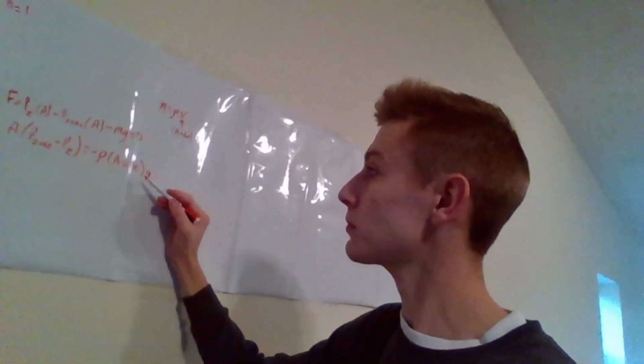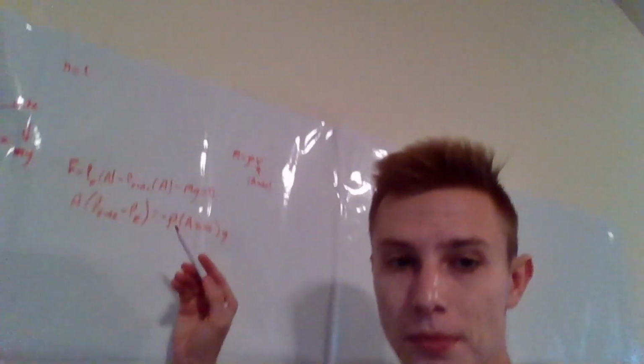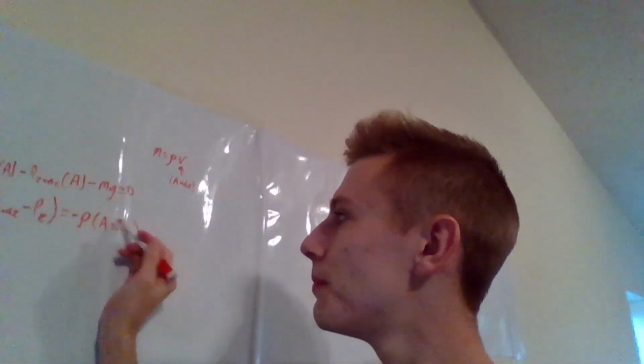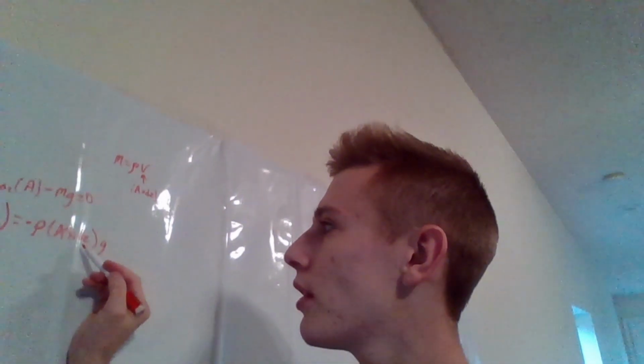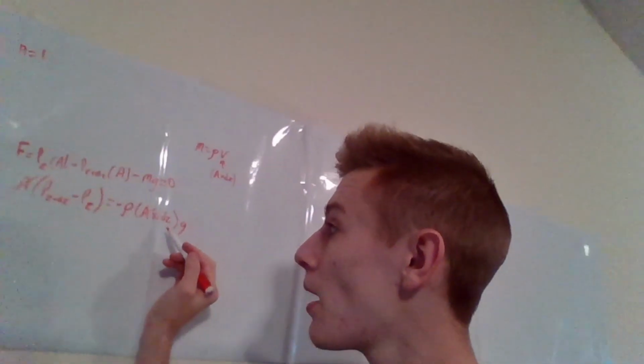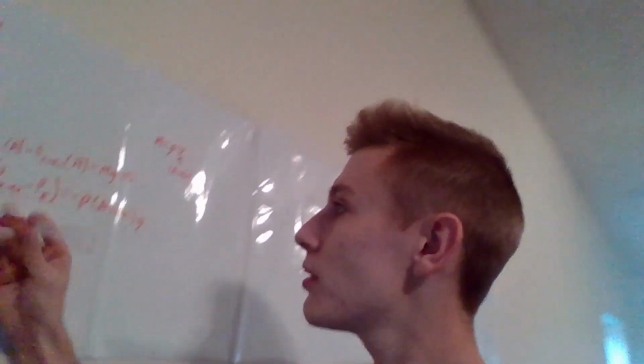Okay? And you'll notice right here we have two areas on both sides, so we can actually cancel these out. And we'll also divide by our small change in Z on the right side and bring it to this side. So let's go ahead and do that.